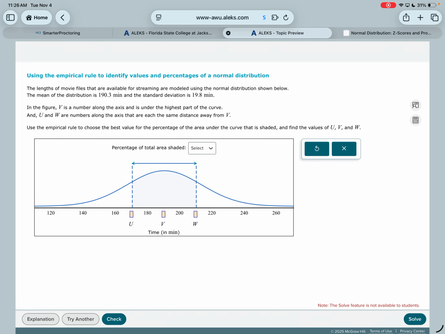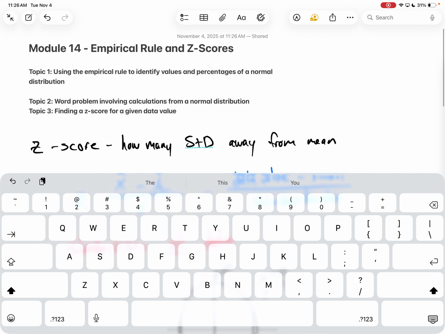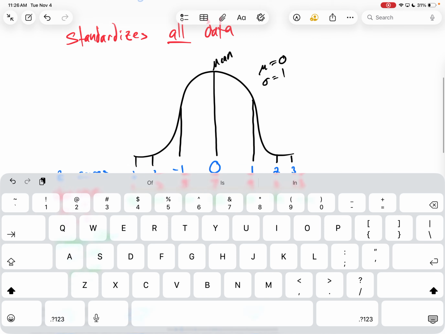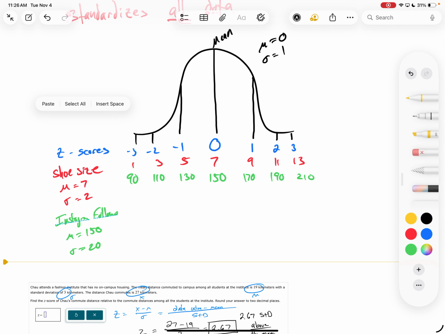All right, the empirical rule. Let me copy my chart right here so I don't have to draw it again. Do I want the z-scores? Sure.